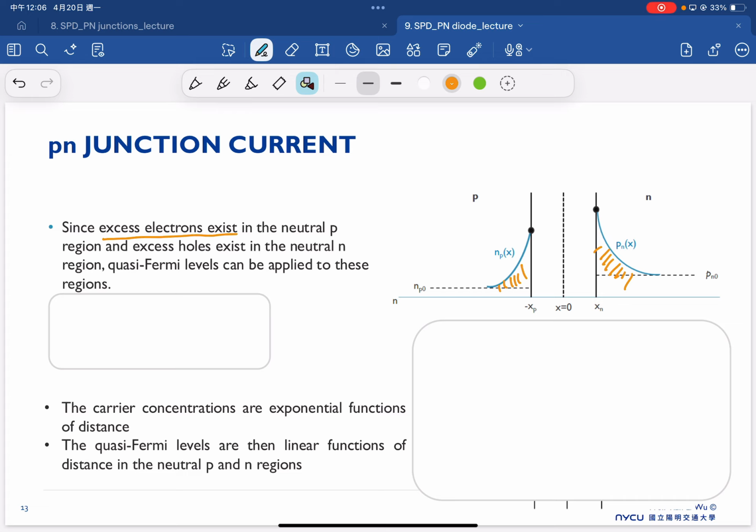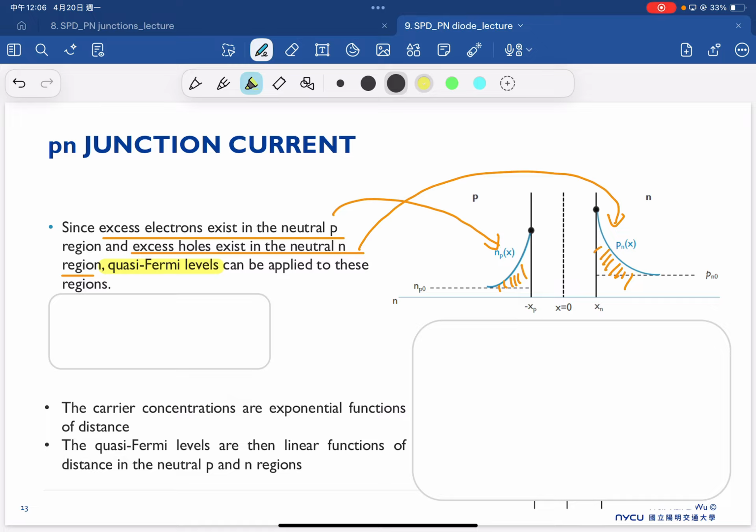This is excess in the neutral P and neutral N regions, because we have the additional generated carriers. So we have to use the quasi-Fermi energy, which we already mentioned previously. Now we get another proof.